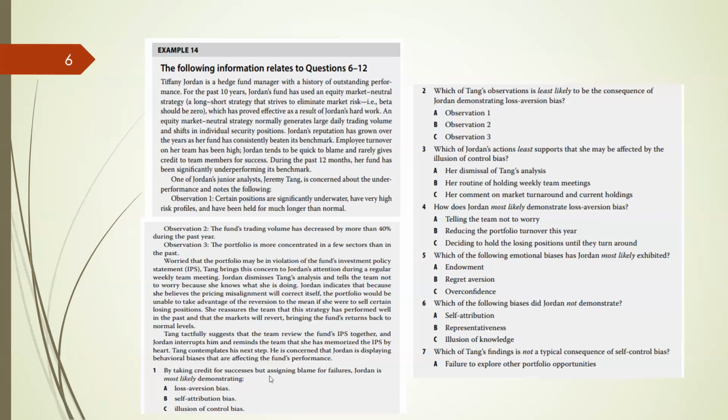By taking credit for successes but assigning blame for failures, Jordan is most likely demonstrating: is it loss aversion, self-attribution bias, or illusion of control bias? So it is self-attribution bias.